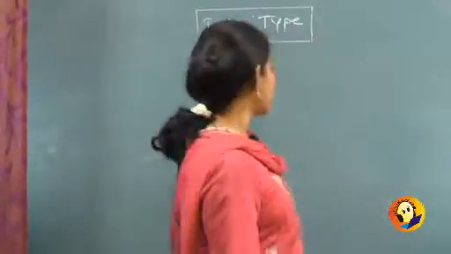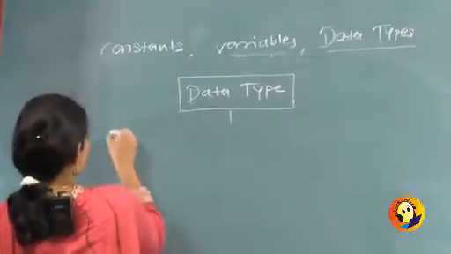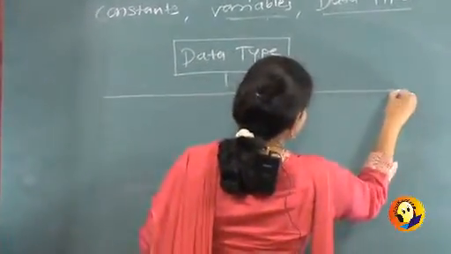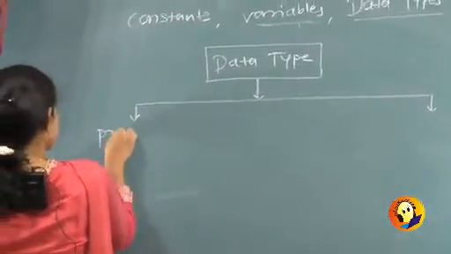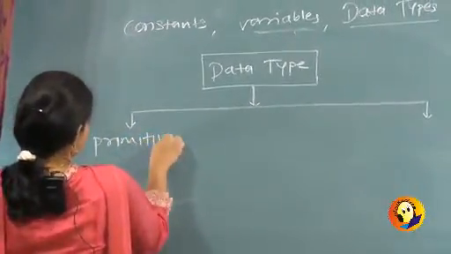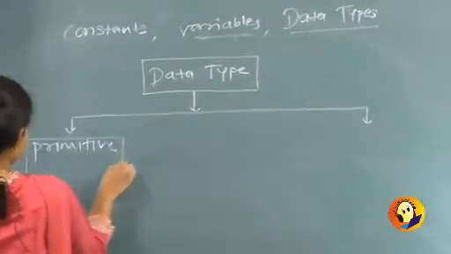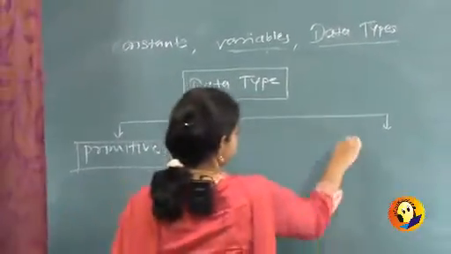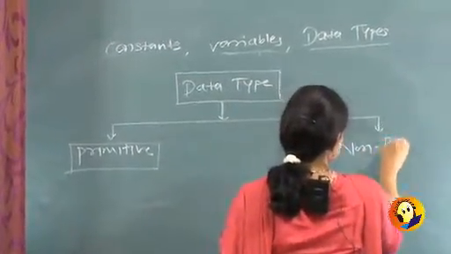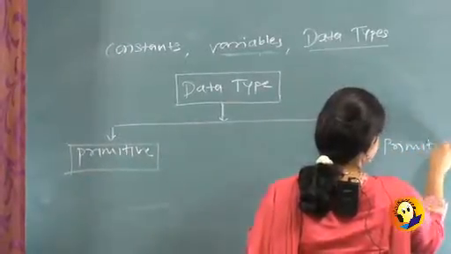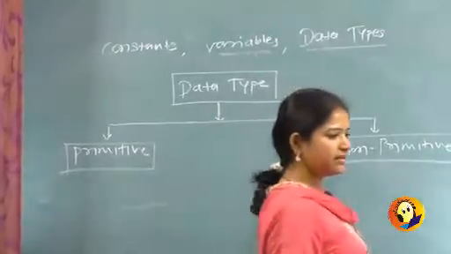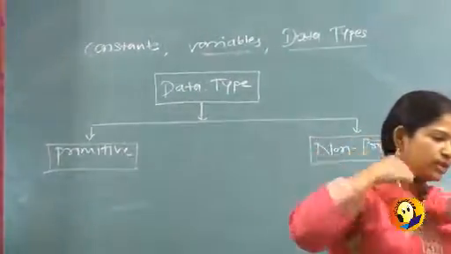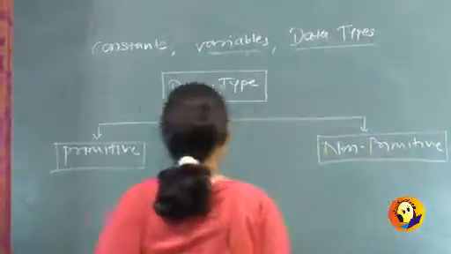Data types are mainly divided into 2 types: primitive data types and non-primitive data types.